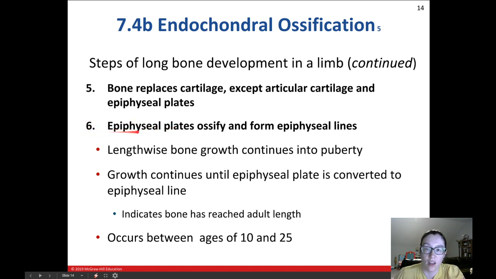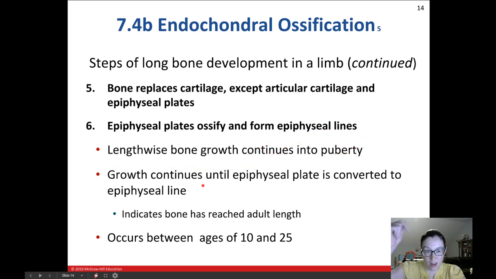And then eventually, as the bones grow, we start out with thick growth plates, and they're eventually going to narrow and narrow and narrow as you get towards adulthood. And then finally, the epiphyseal plates are going to close and ossify, and they'll form the epiphyseal lines. And so this will happen until about puberty. So bone is going to get longer and longer into puberty.